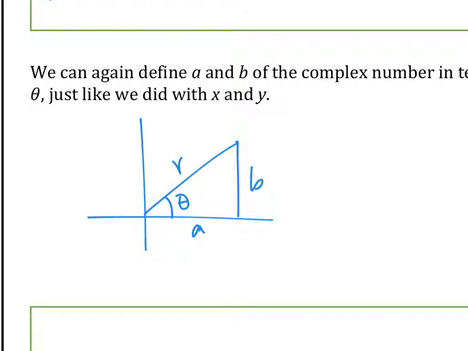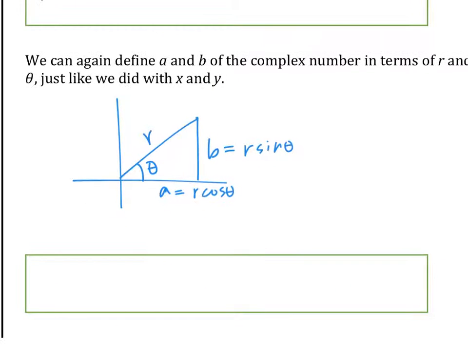What is a? R cosine theta. And then b is r sine theta. Okay, very good. So same thing: a is r cosine theta, b is r sine theta.